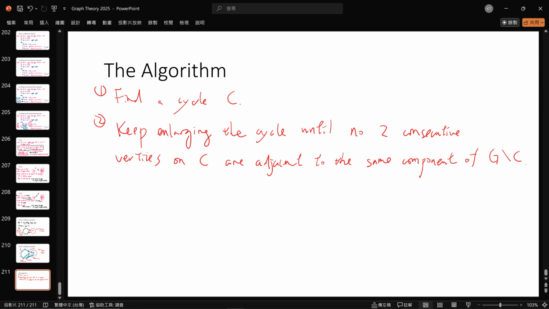Whenever there's some component such that these two consecutive vertices are adjacent to it, we can find a larger cycle. So we just keep using this idea to find larger cycles, and we stop when we cannot find such a pair of vertices.